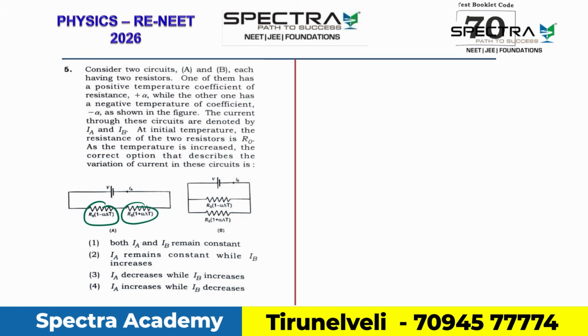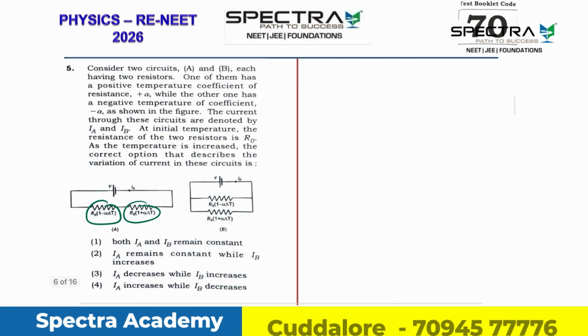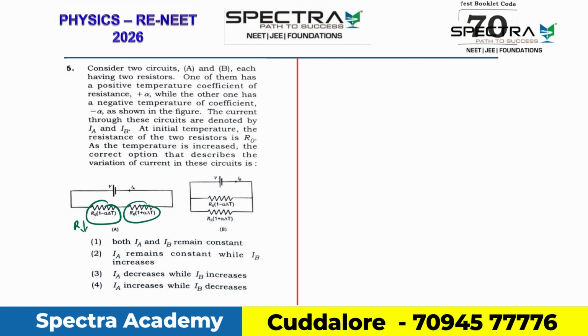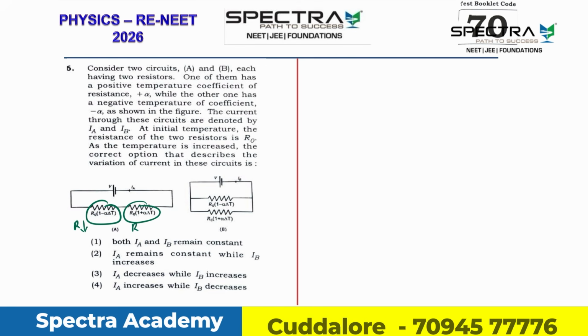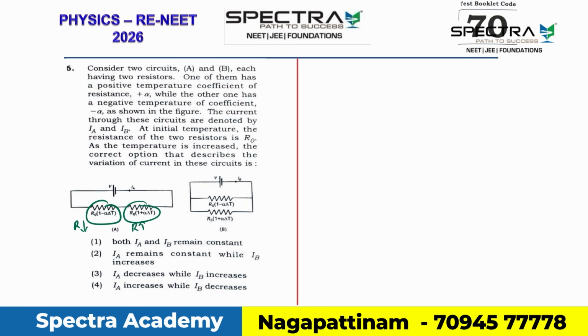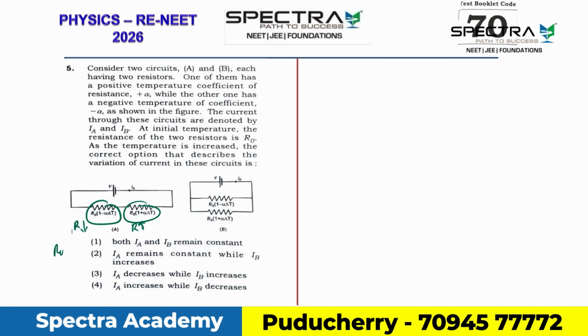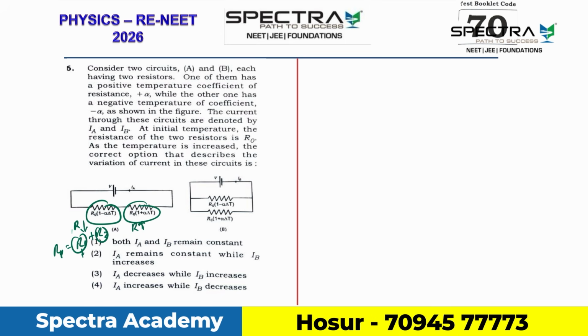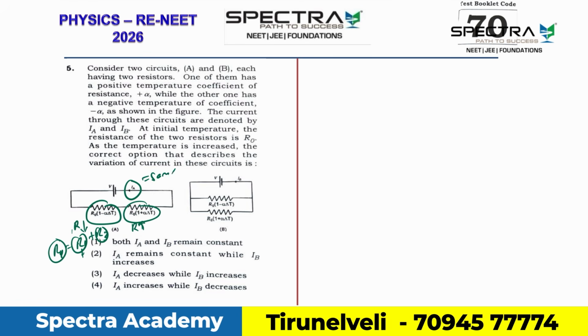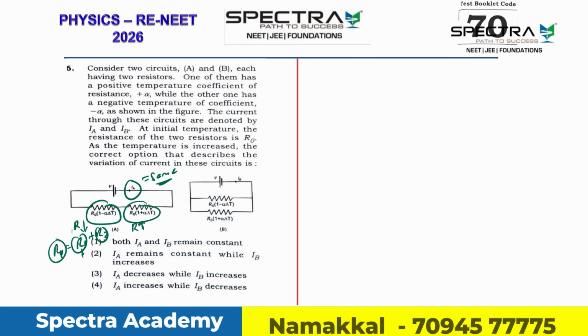So on increasing temperature, in the first one the resistance decreases, in the second one the resistance increases, but with the same alpha, so decrease and increase. So in series R effective is equal to R1 plus R2. Now decrease and increase, such that net resistance does not change, so in the first case current IA will be the same.